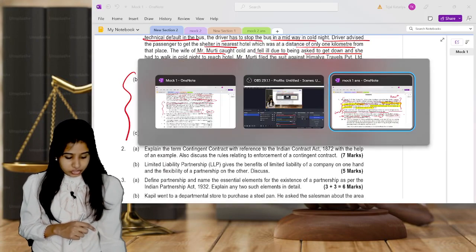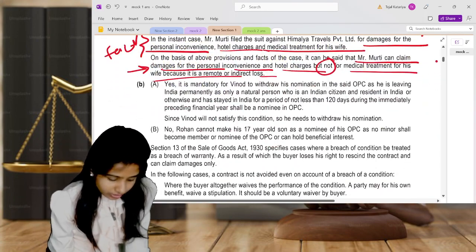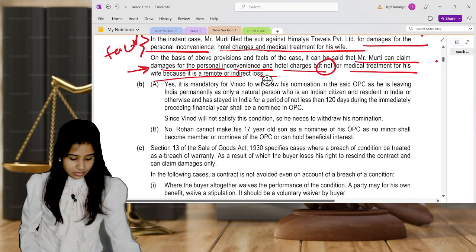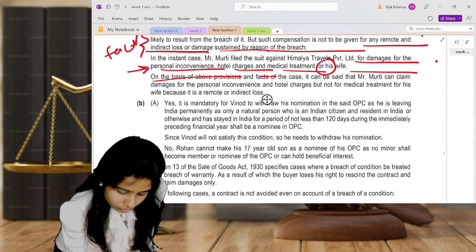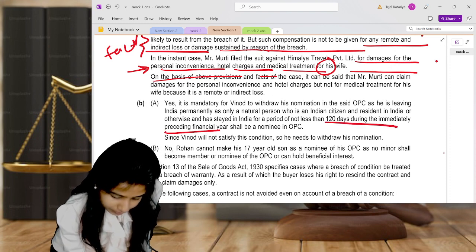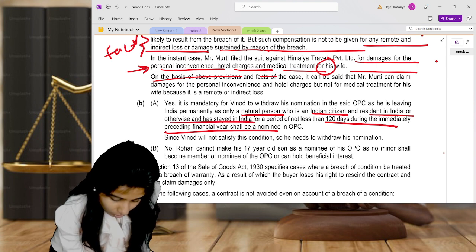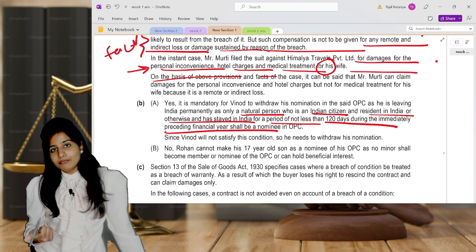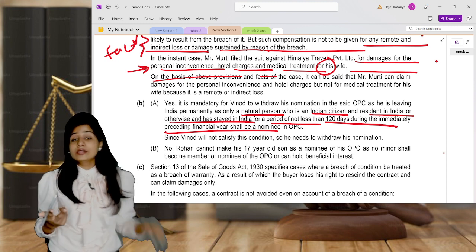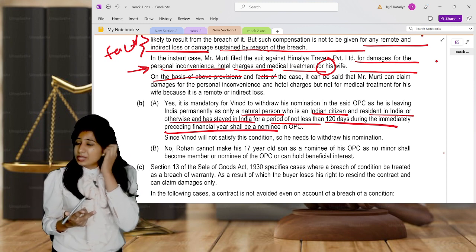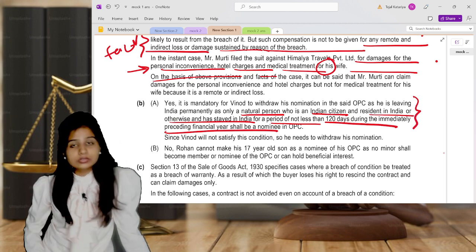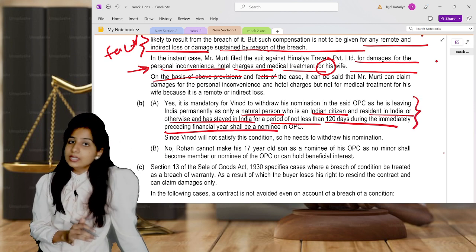That was the condition, correct? So such a person will be eligible to incorporate a one person company. Plus, any person fulfilling all these conditions can be appointed as a nominee.